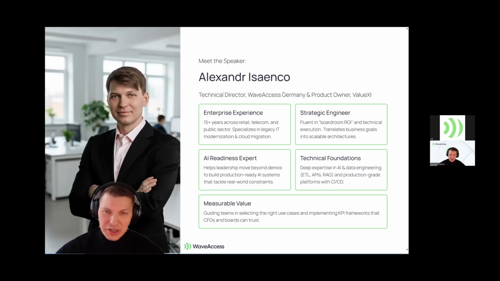Also, I have a solid technical background, started my career as a developer, and I'm working right now mostly on projects related to artificial intelligence, to integration of AI into companies. So this is my focus, and we live in a very interesting world, and I'm trying to be on the edge of technologies.